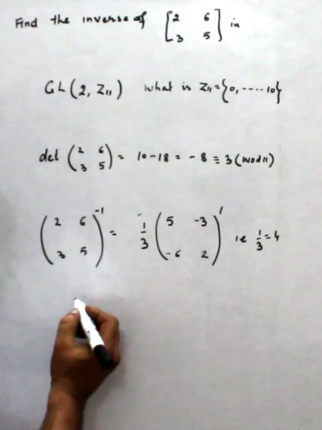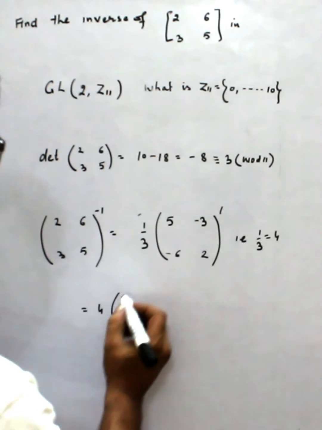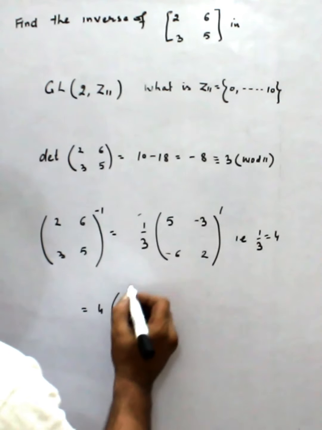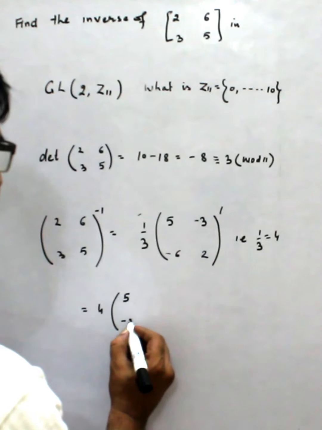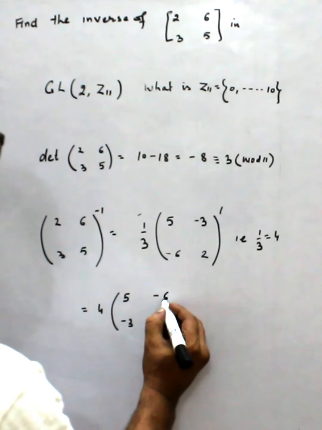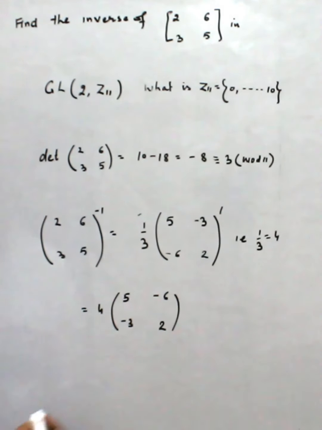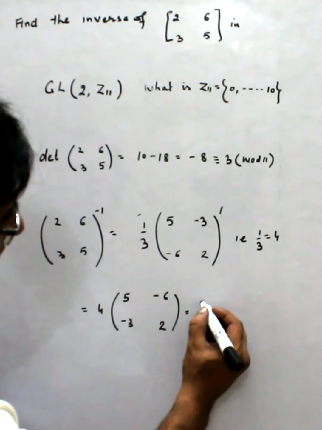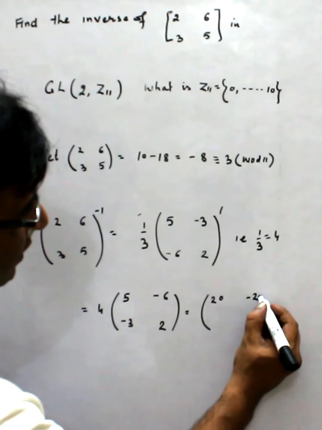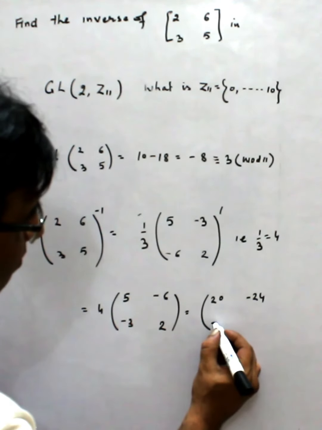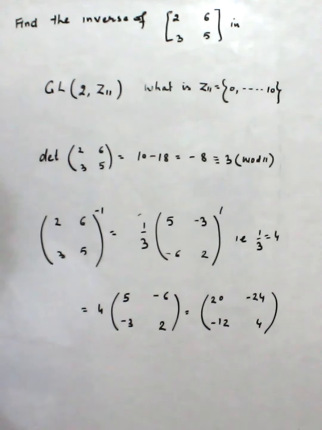Now this becomes 4 into the matrix 5, minus 3, minus 6, and 2 after taking the transpose. Now I multiply by 4 and take it inside. This number becomes 20, this becomes minus 24, this becomes minus 12, and this becomes simply 4.